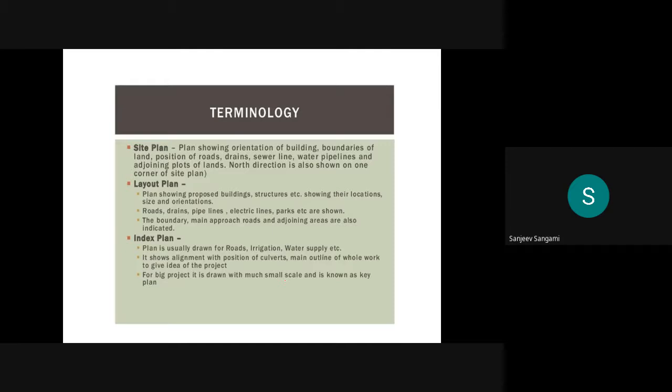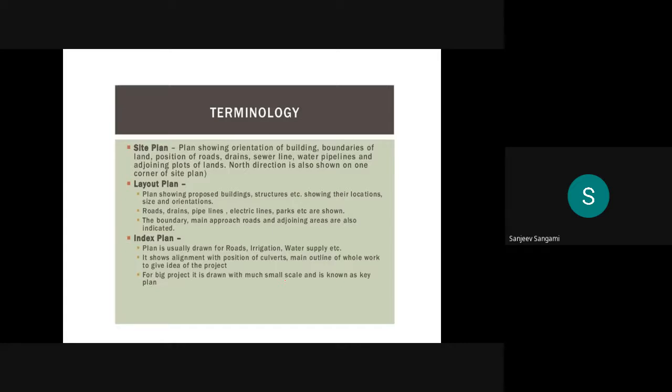Then the layout plan is the plan showing the proposed building structures, etc., with their locations, sizes, and orientations. The roads, drains, pipelines, and electrical lines are shown. The boundary, main approach to the roads, and adjoining area are also indicated.